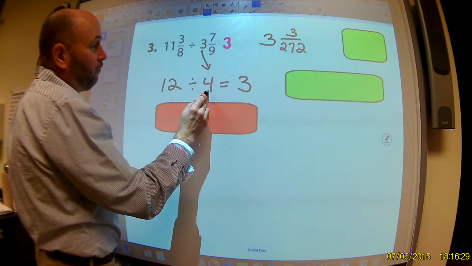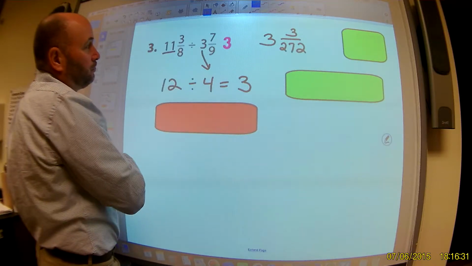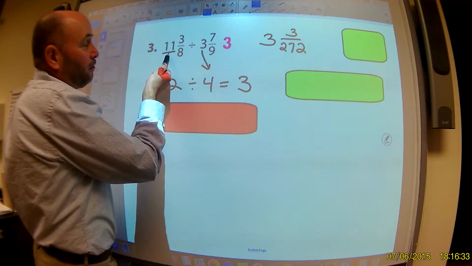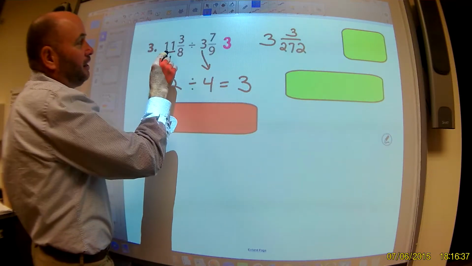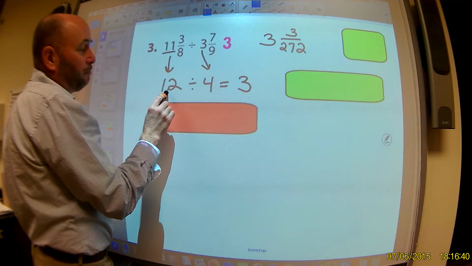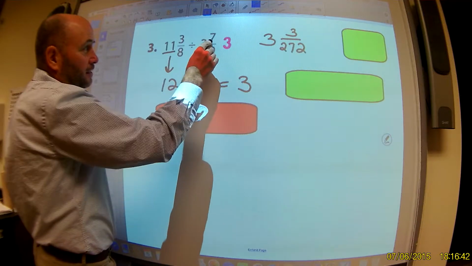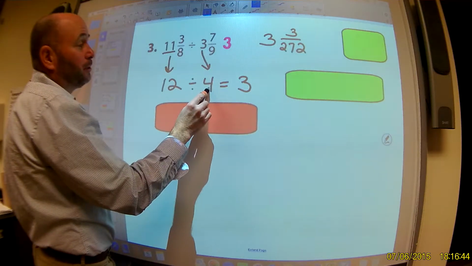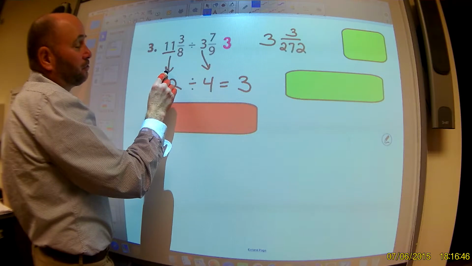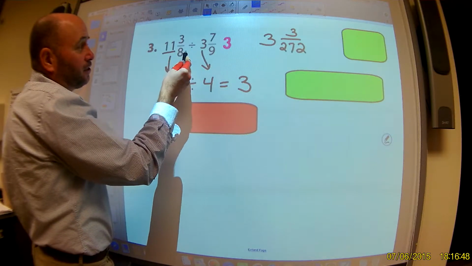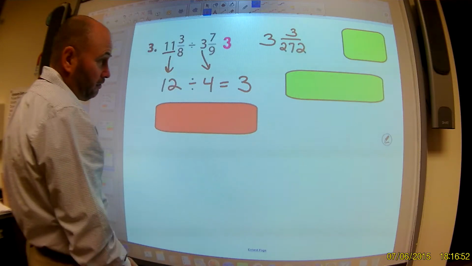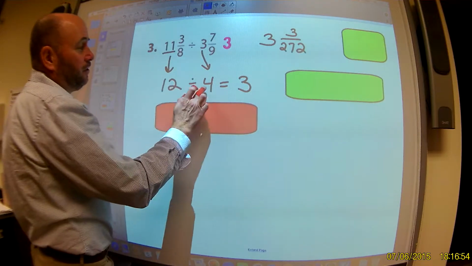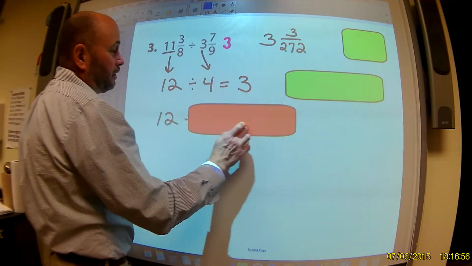So if I start with 4, what's a compatible number that is close to 11 and compatible with 4? Well, that would be 12. This clearly wants to be rounded to 4. And 3/8 is close to 4/8, so you could justify rounding that up to 12 and getting your division and your estimate of 3.